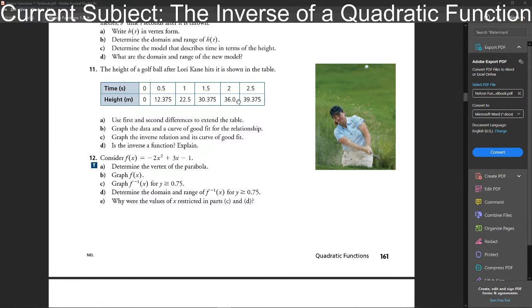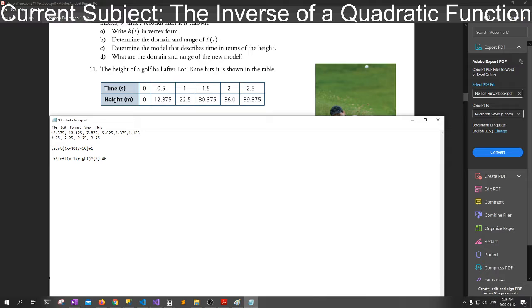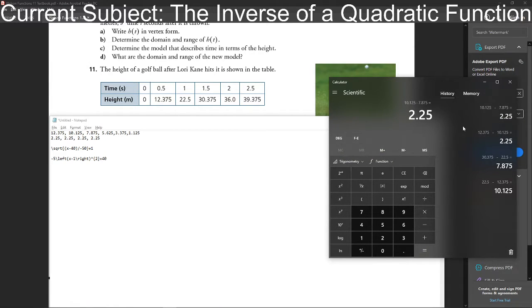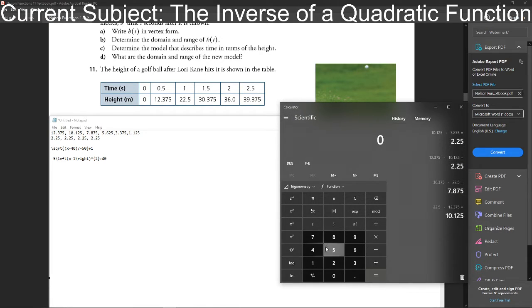So, okay, we got this 3.375 because we did that minus that. So we need to do what? Oh, no, never mind. I thought I'd keep closing my calculator, but it was just hiding there. We want to do 39.375 plus 1.125.